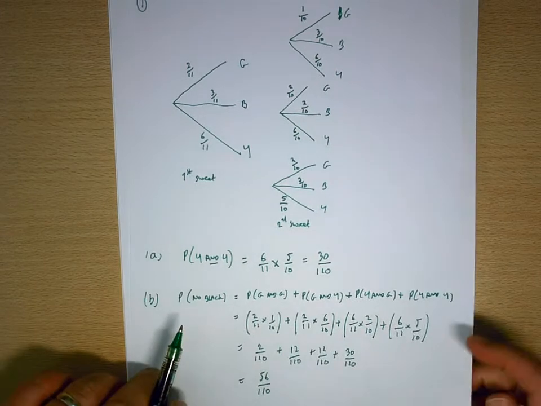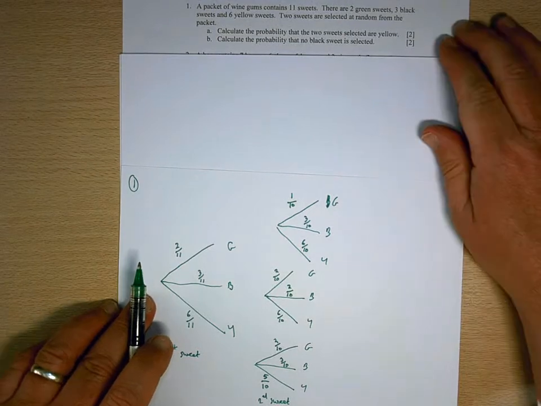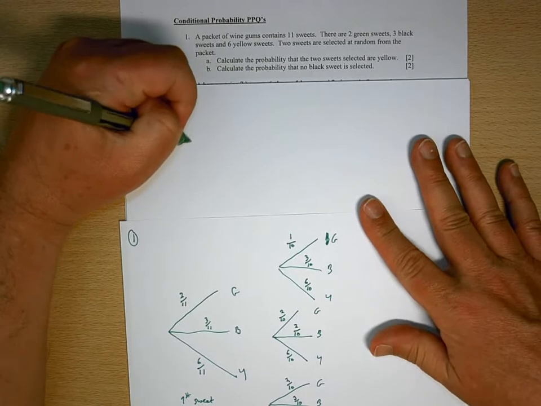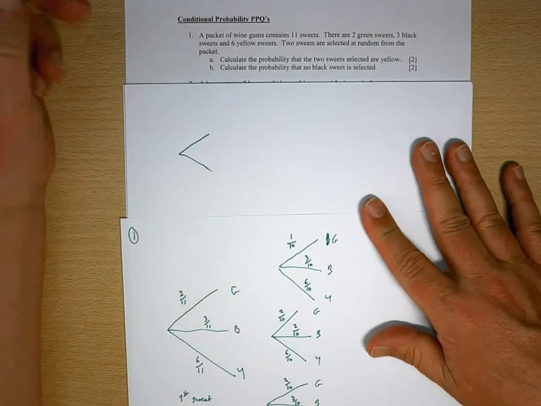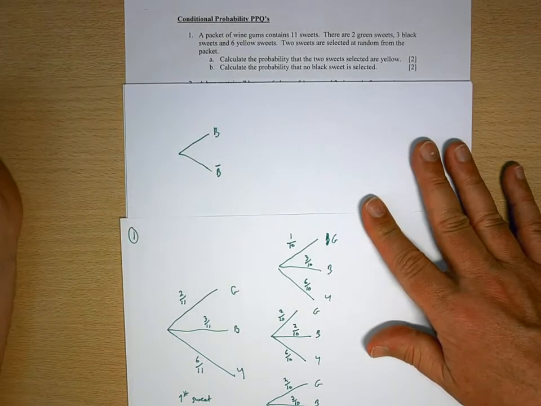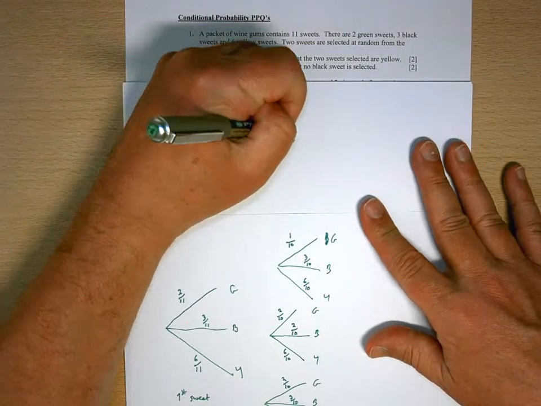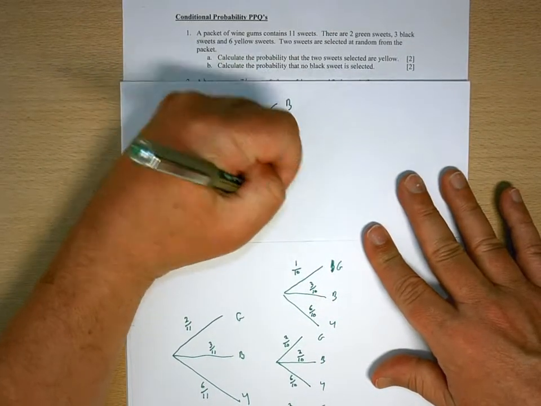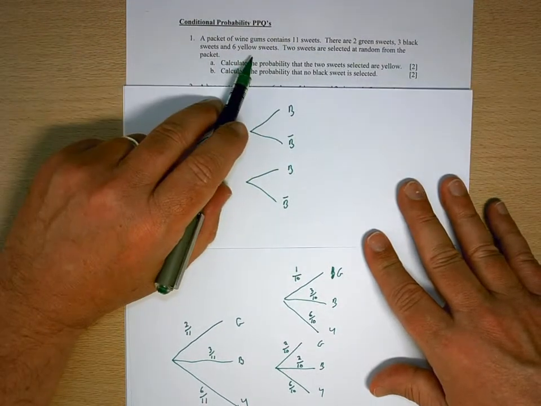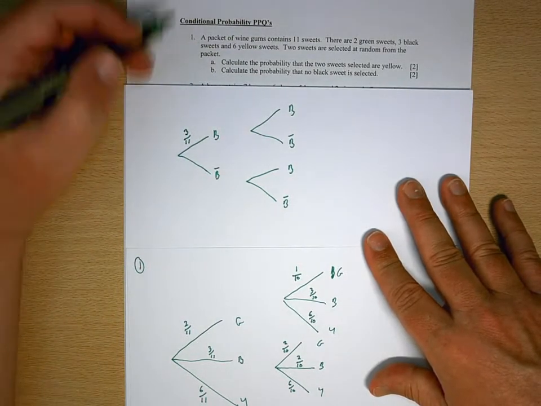We could have looked at that in another way. If we consider the situation where the outcomes for the first suite would be black or not black, and not black is the B with a little line above it, and for the second suite, black, not black. The chances of the first suite being black are 3 out of 11.